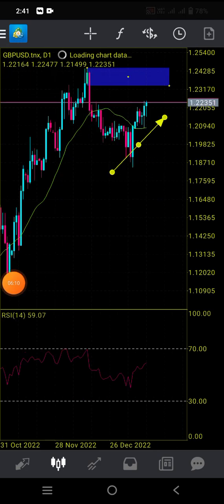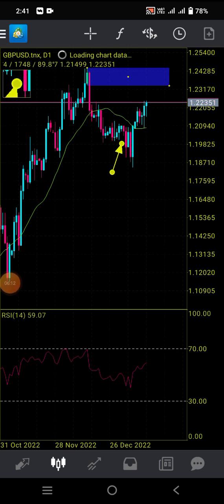Friends, one thing to keep in mind: I mark this zone for sell entry. When the daily candle closes above this zone, it is no longer valid for sell entry. I hope you understand this. I mark this zone for sell entry.